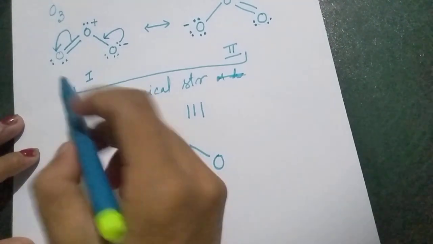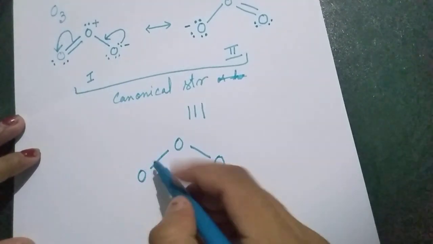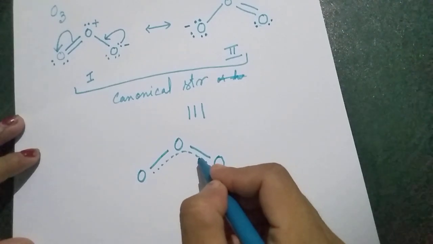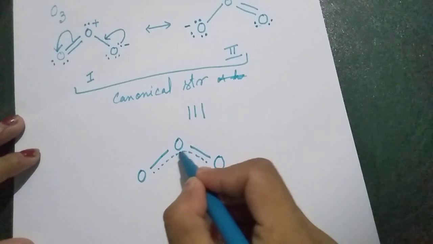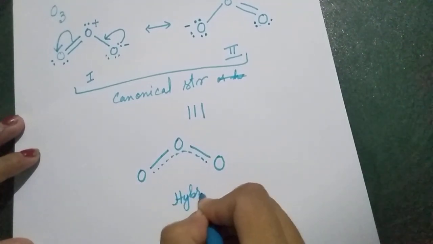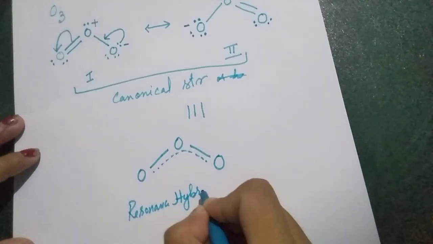Since the pi bond is transferring from here to here, we can represent it by this line because they are not fixed. Sometimes they may remain here, sometimes they may remain here. So this is delocalized. This shows the delocalization of the pi electron. This is called the resonance hybrid.